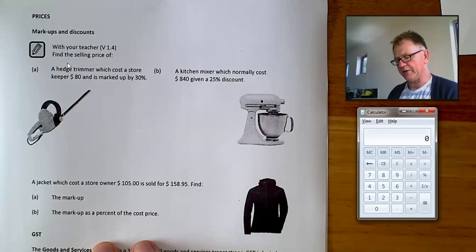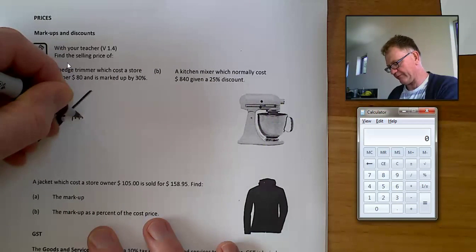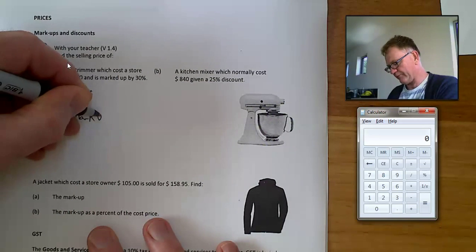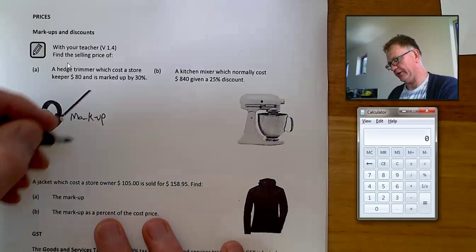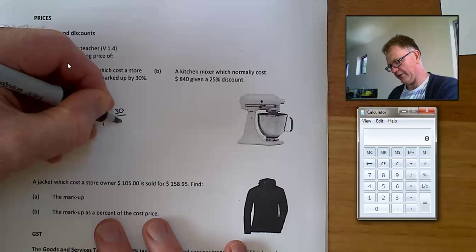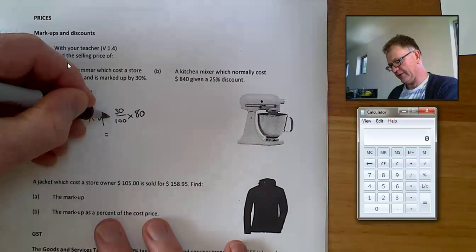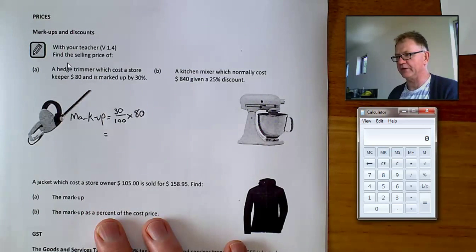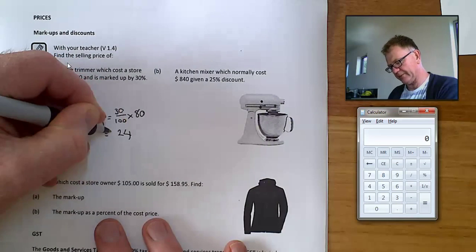So to work out the final price, first of all we'll work out what the markup is, I think. The markup is 30% of $80. That means it's 30 over 100 times $80. The markup, you could work it on your calculator, 30 divided by 100 times 80 equals $24.